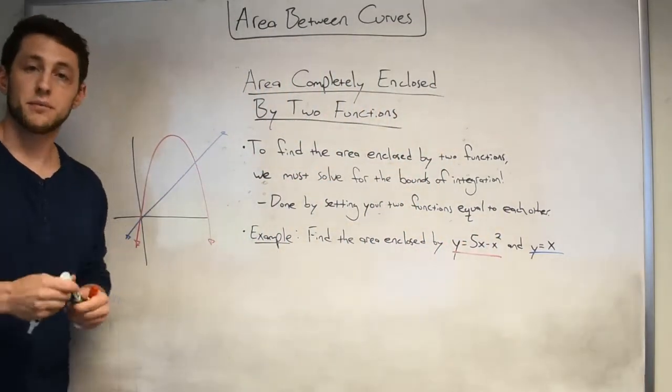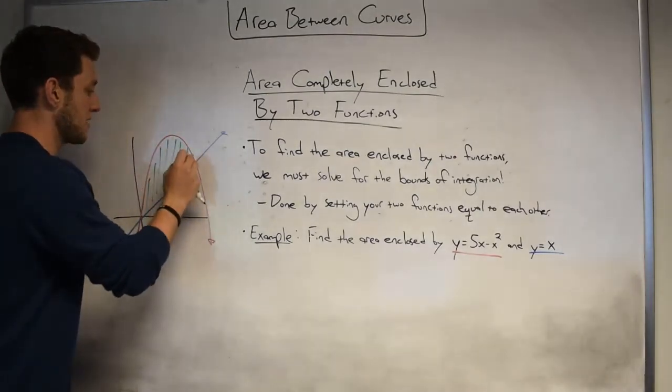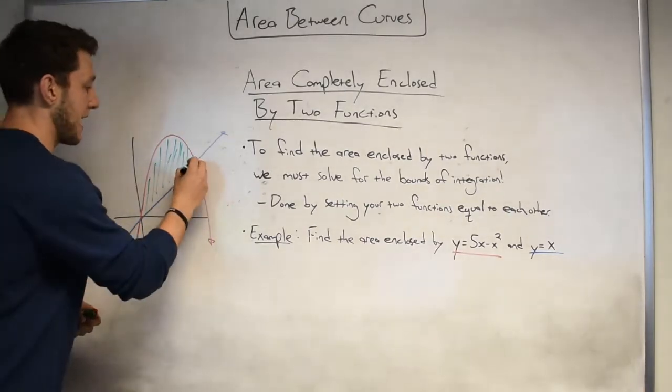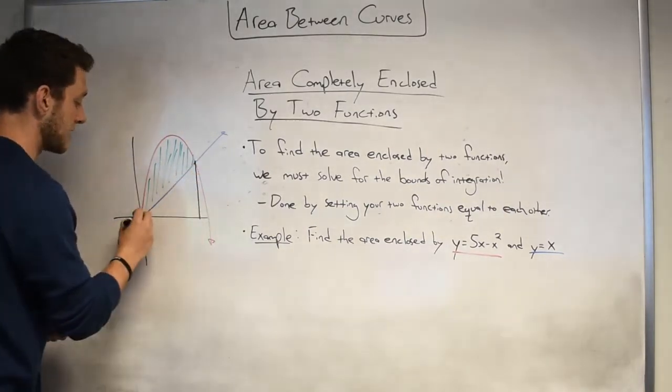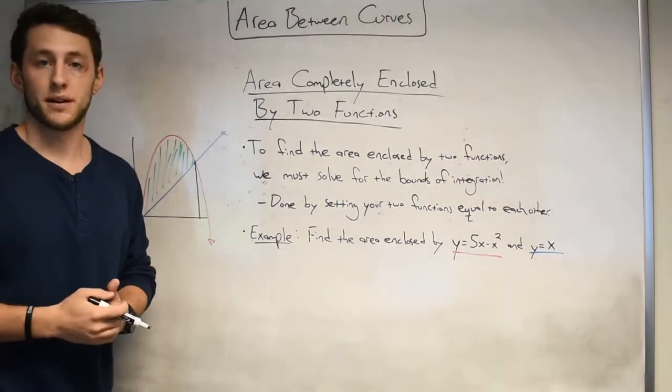If we had a picture, it'd be pretty easy just to notice, hey, we're after this area. However, it's still an open question as to how to gather which x's we're worried about, what your left endpoint and what your right endpoint are.